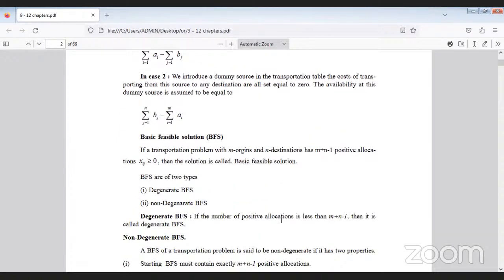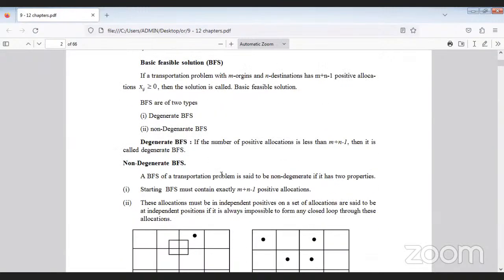Basic feasible solutions we are writing here in the transportation problem. With m sources and n destinations, m plus n minus 1 positive allocations, then the solution is called a basic feasible solution. There are two types: degenerate BFS and non-degenerate BFS. Degenerate BFS: the number of allocations is less than m plus n minus 1. Non-degenerate BFS, already told in the earlier unit: a BFS of a transportation problem is said to be non-degenerate if it satisfies two properties.